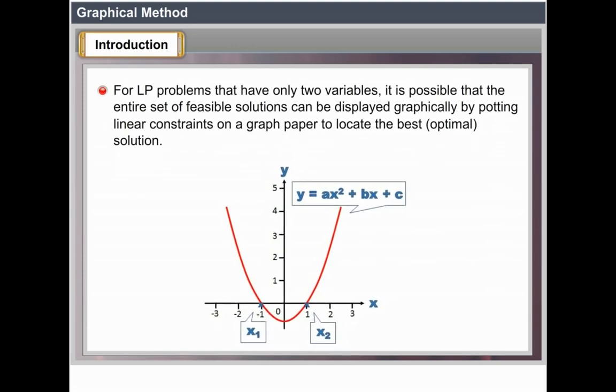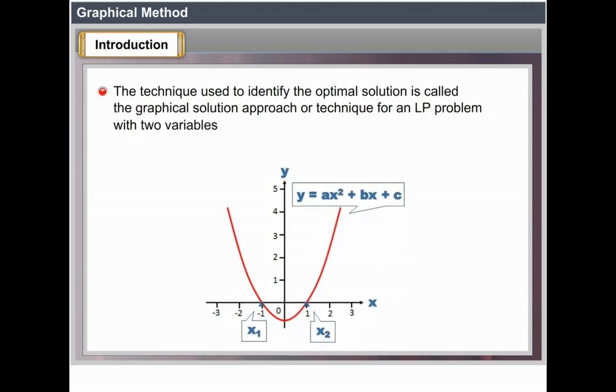For linear programming problems that have only two variables, the entire set of feasible solutions can be displayed graphically by plotting the linear constraints on graph paper to locate the best optimal solution. The technique used to identify the optimal solution is called the graphical solution approach, or technique, for a linear programming problem with two variables.